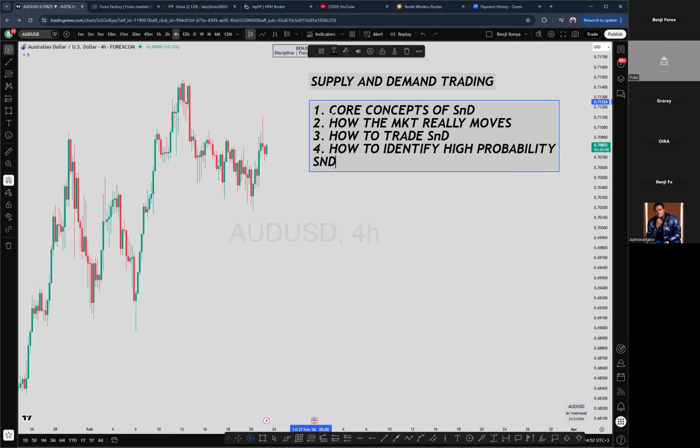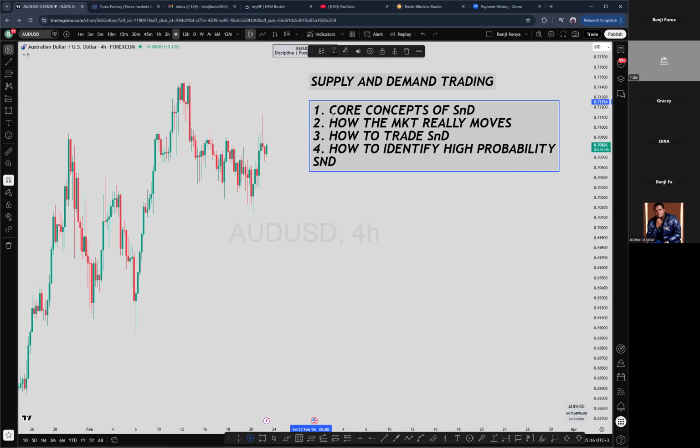With supply and demand, you can get some confluences such as order blocks and fair value gaps. Those are imbalances, footprints that smart money leaves behind. For us as traders, we just need to be aware of those footprints and capitalize on those moves that smart money left behind.